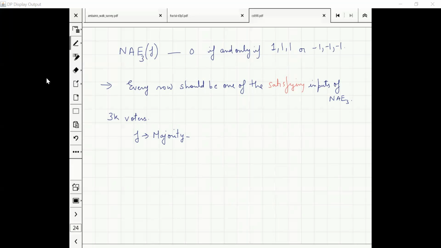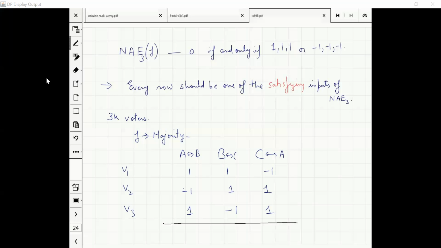Let's say I have 3 voters, V1, V2, V3, and the pairs A with B, B with C, C with A. Let's say 1, 1, -1, -1, 1, 1, and 1, -1. These are all valid preferences, right? And if I take majority, my answer is 1.